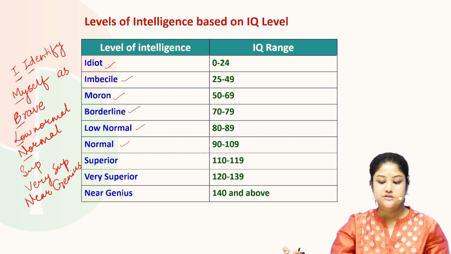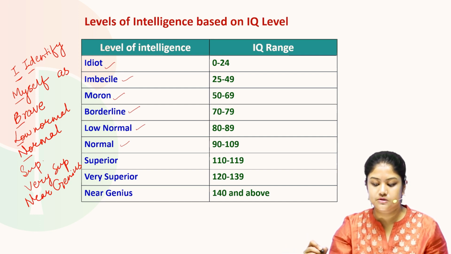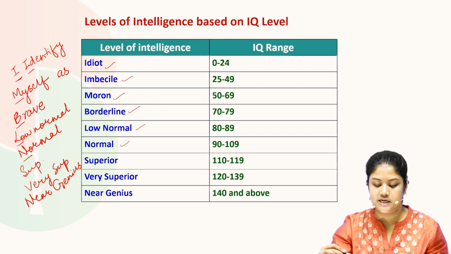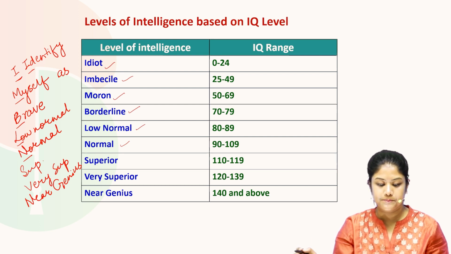If we know this formula, then we just have to keep in mind the IQ ranges: 0 to 24, likewise 25 to 49, 50 to 69, 70 to 79, and so on.